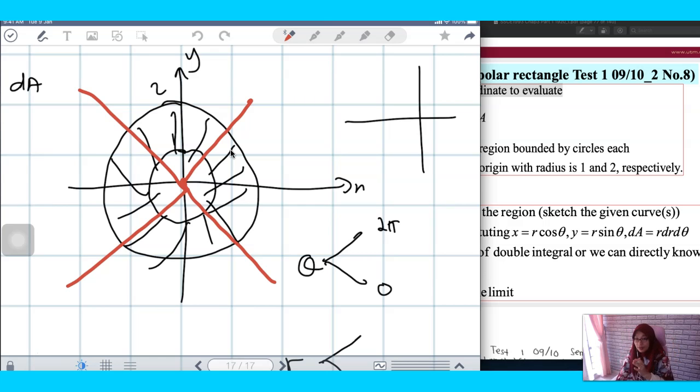But now for polar, imagine you are starting from the origin, that is your starting point, and then you keep moving slowly. It's nothing, so no region. But the first point that you can see on the region is this point. And then the terminal point that you can see is that point.